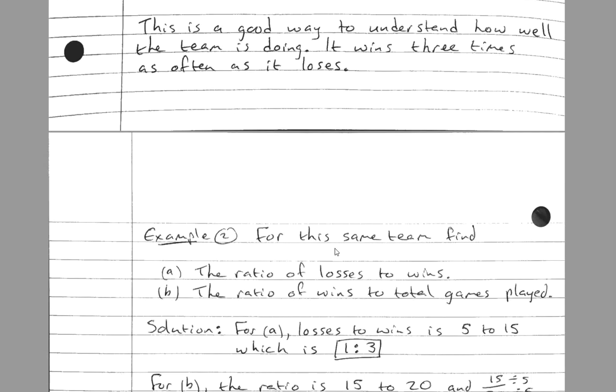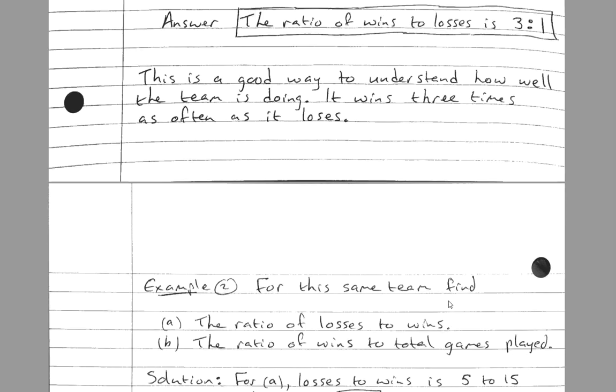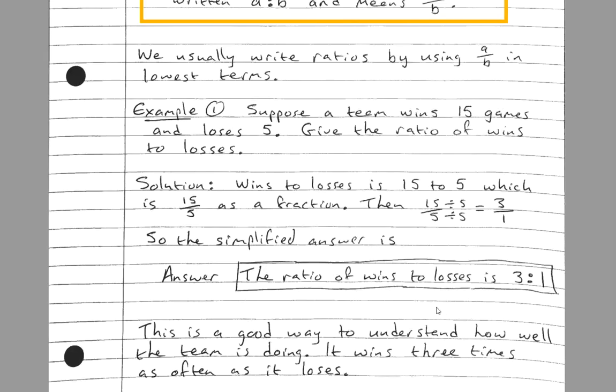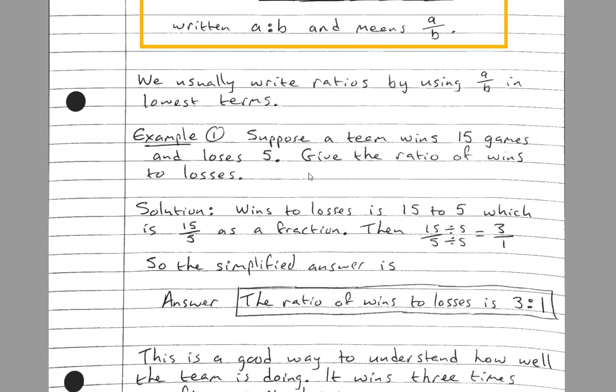All right, example 2 for the same team. Find some different ratios. A, the ratio of losses to wins. B, the ratio of wins to total games played. Okay, losses to wins.